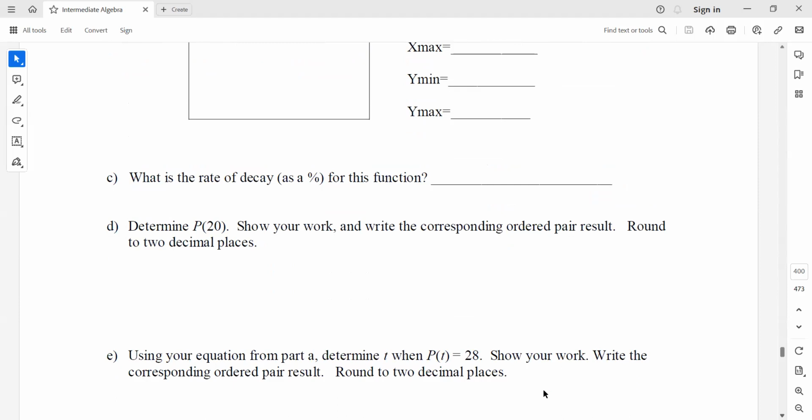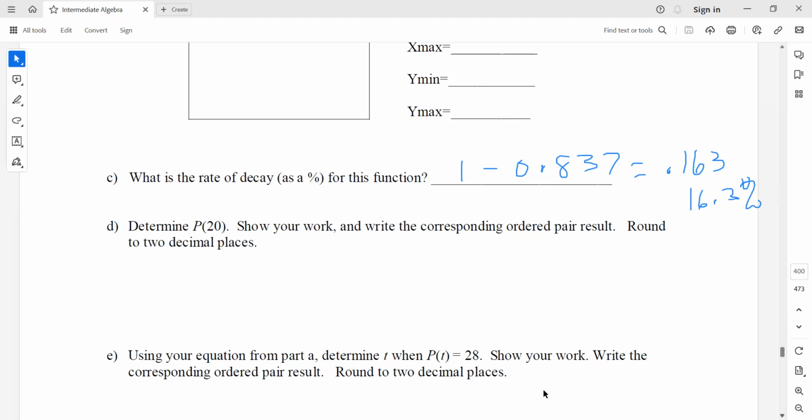So the rate of decay, remember, is going to be 1 minus 0.837. That's what we got, right? So that gives you 0.163, and 0.163 is 16.3%. So you have that 16.3%, and that's it.